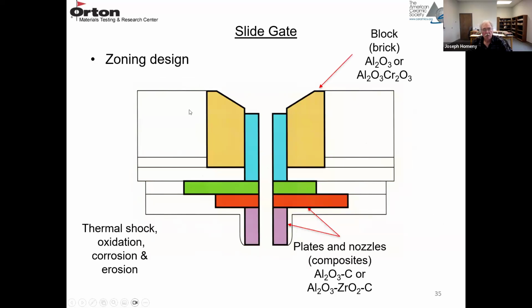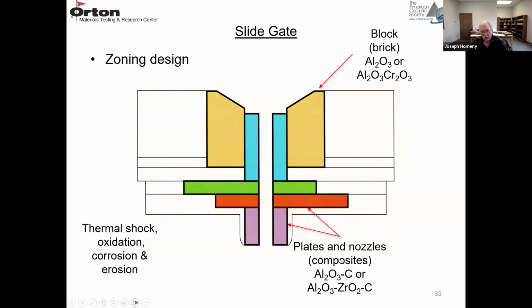So this is your well block in the bottom of your ladle. And again, I said usually an aluminum chrome material. It could also be a high alumina material. Here's your fixed plate, and then here's your sliding plate. So these plates are subjected to thermal shock, and they're composites, so they have carbon, so there's oxidation issues, there's corrosion issues, there are erosion issues from the flowing metal.